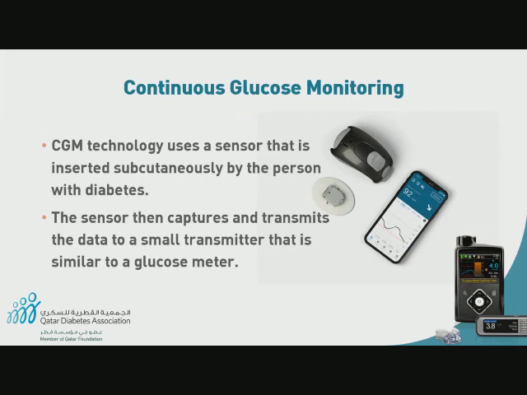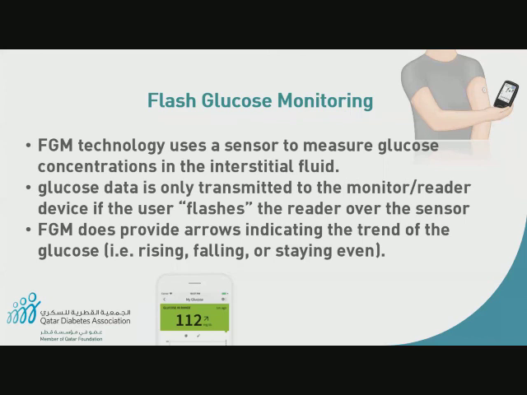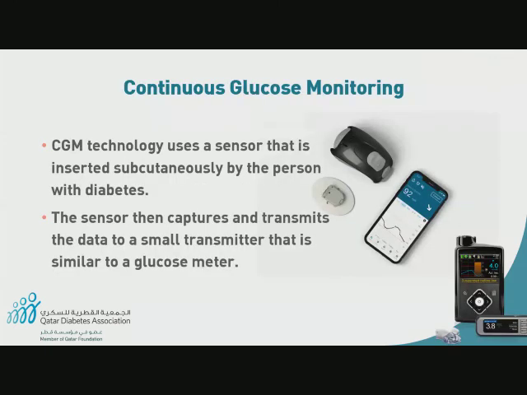The other type of device is called the continuous glucose monitoring device, and it also has a sensor that is inserted beneath the skin. The only difference is that flash glucose monitoring only gives you the reading when you scan your device close to the sensor, while continuous glucose monitoring automatically keeps a continuous 24-hour record of your blood glucose pattern, and sends it via a transmitter to your mobile application, or to a device that comes with the sensor.